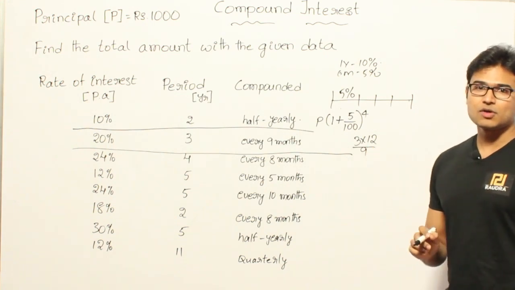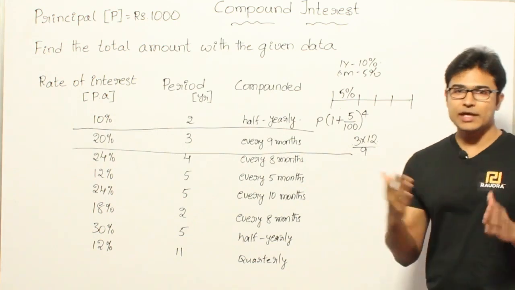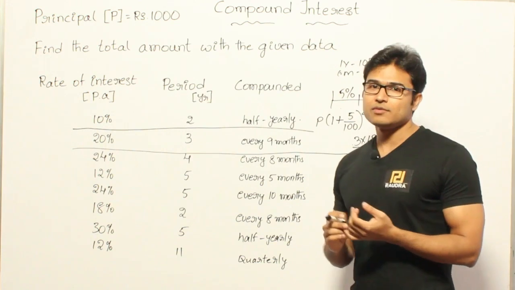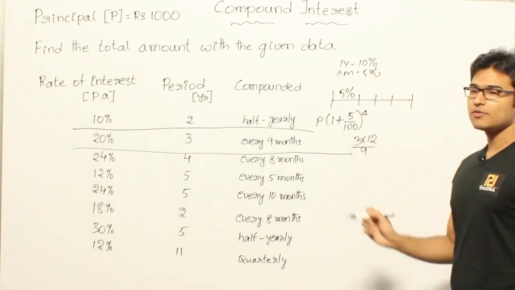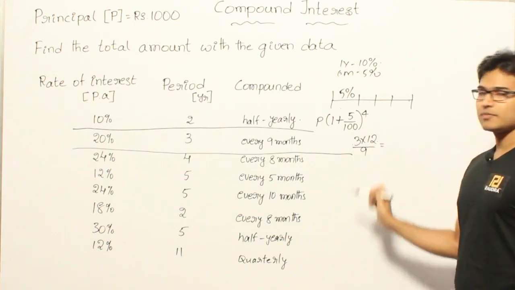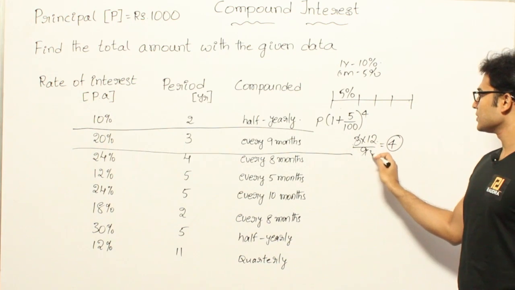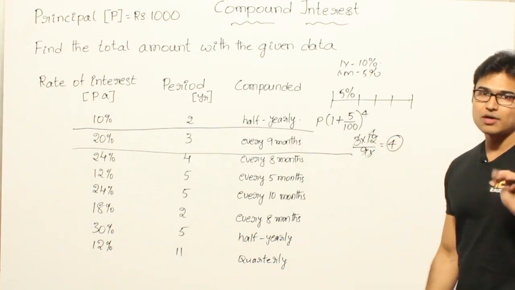So we divide this total time period into slots of 9 months each, which means n into 9 should be equal to 3 into 12. Therefore the number of slots n is 4, right? Alright, in this case also we are going to get 4 slots.